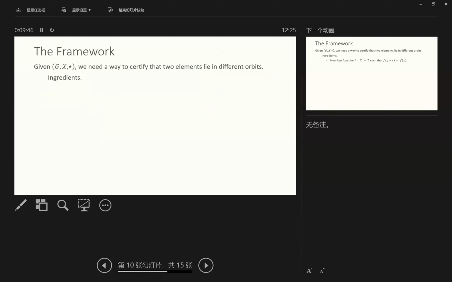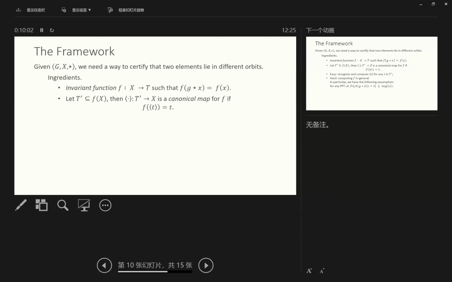Okay, so what we want is a way to certify that two elements lie in different orbits in the set X. And we build a framework for it. We have the following ingredients. An invariant function f going from set X into a set T, such that f is constant on each orbit. So f of g star x is equal to f of x. In other words, the action of g does not change the equivalence class.